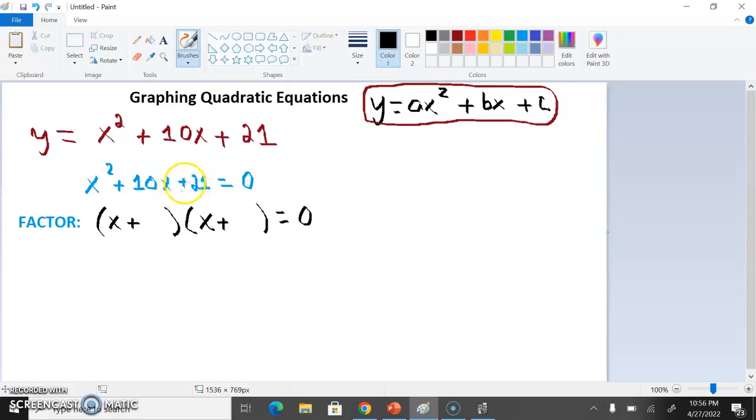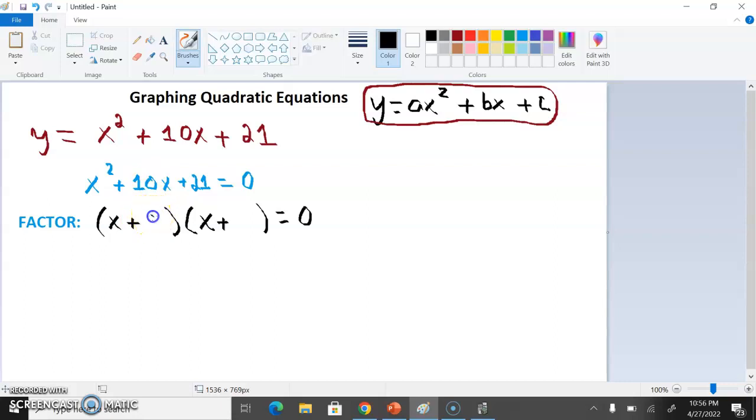But for today, if the third term is a positive and the middle term is a positive, they're both going to be positive. So now we ask ourselves, what are the factors of 21? What are the two numbers, a and b, that multiply together to give you 21, but when you add them, give you 10 in the middle?